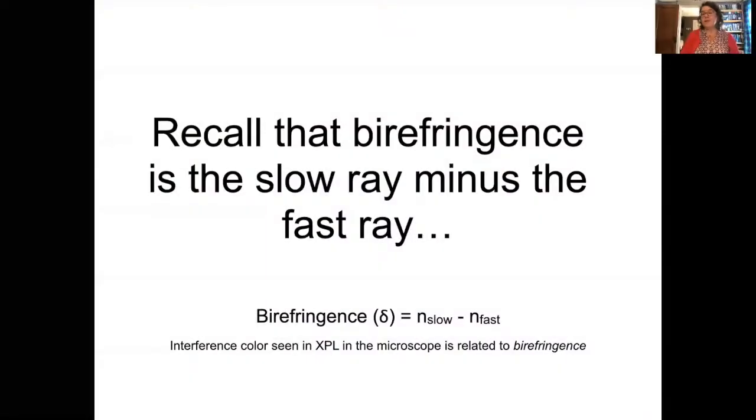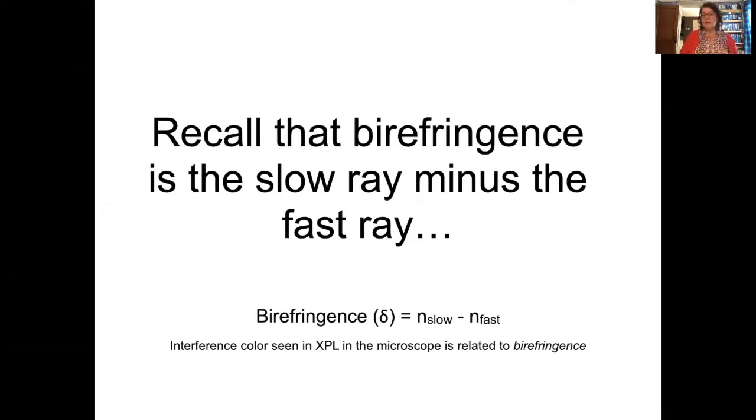Now that we've talked about the different slices that light can encounter when moving through isotropic and uniaxial minerals, let's talk about what that means about what we see in thin section. Remember that birefringence is calculated by subtracting the index of the slow ray minus the index of the fast ray. And the interference color that you see in cross-polarized light in the microscope is related to birefringence.